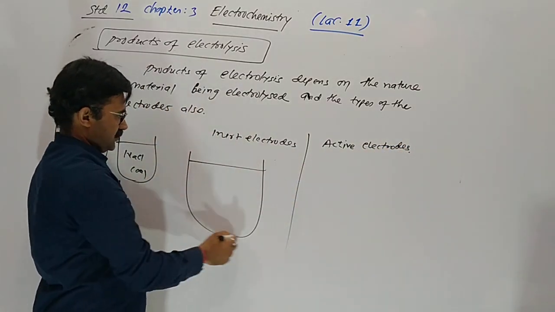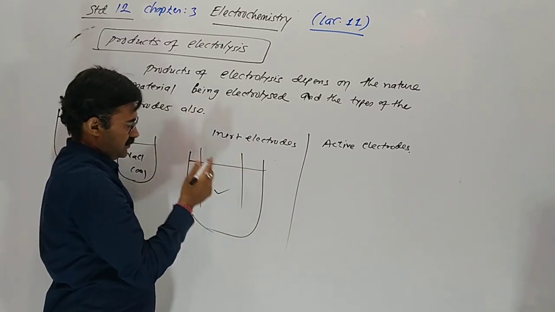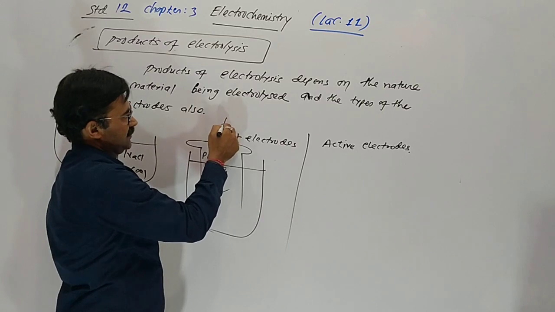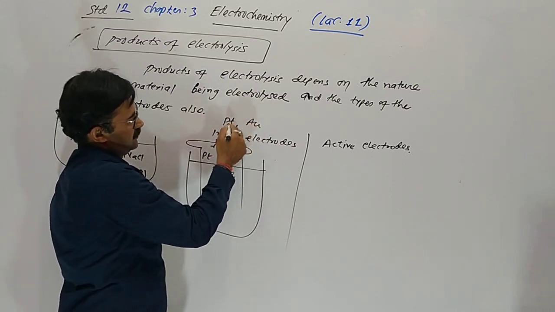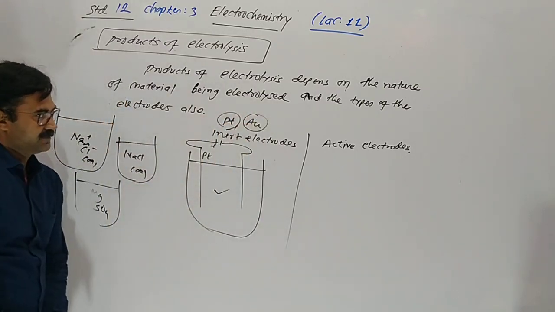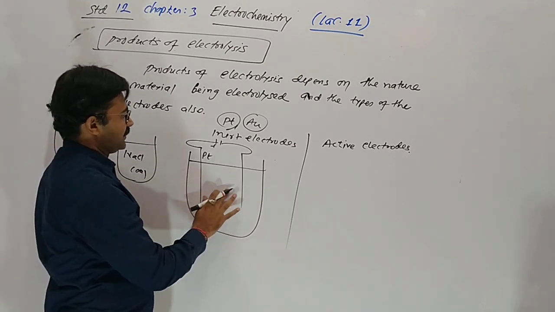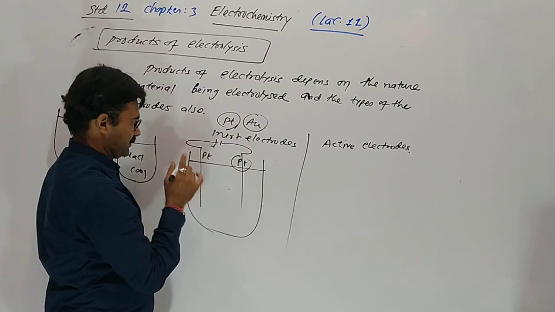A plate or rod we dip in the solution is called the electrode. So platinum and aurum are inert electrodes. Inert electrodes never take part in the reaction.